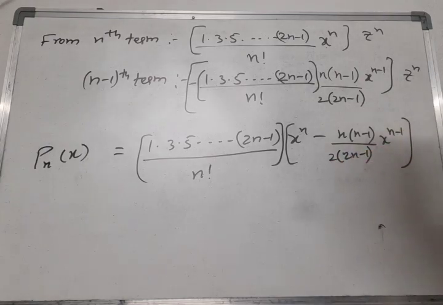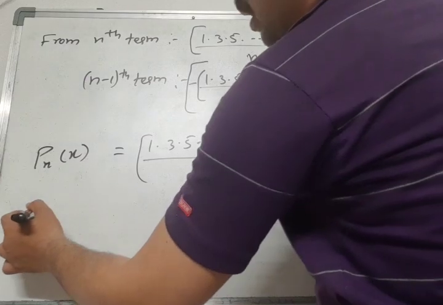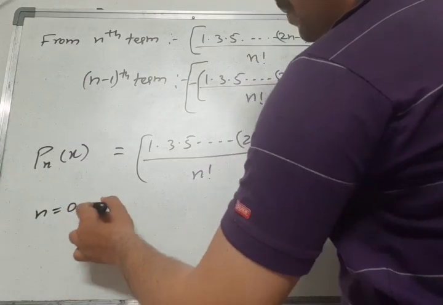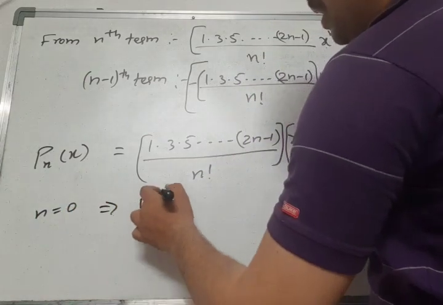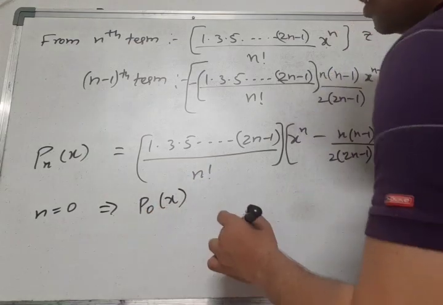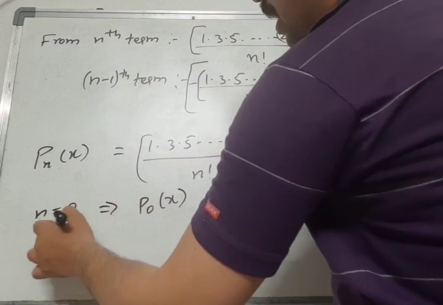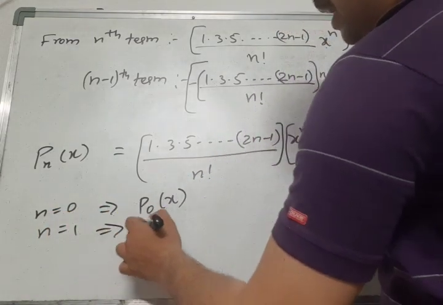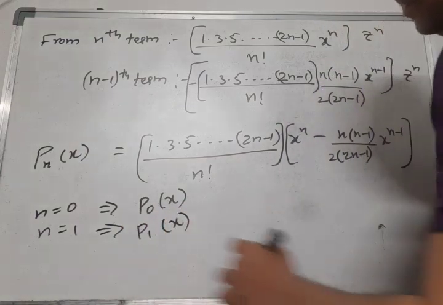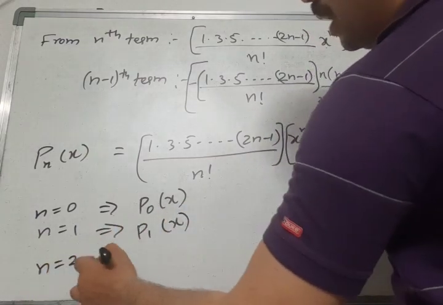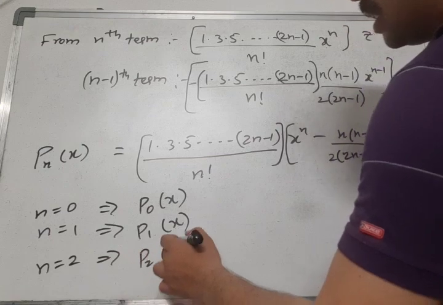And one more thing here we can write. If n is equal to 0, then what happens? You can write P naught of x. And if n is equal to 1, we can write it as P1 of x. If n is equal to 2, we can write it as P2 of x.